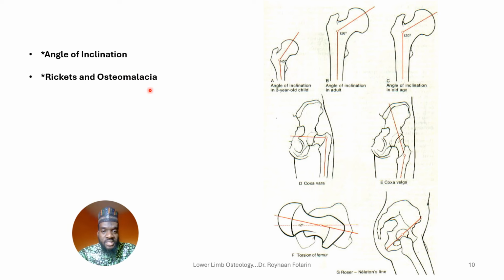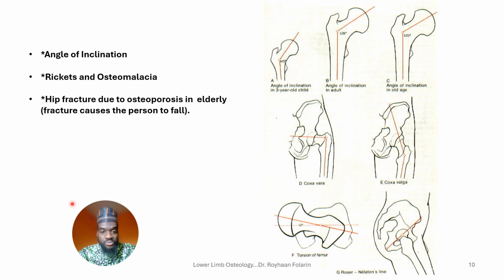So it's important that we put this into perspective while we talk about the proximal end of the femur, as well as its connection with the hip. Also, a possibility could be osteoporosis in the elderly, where you have fractures happening.